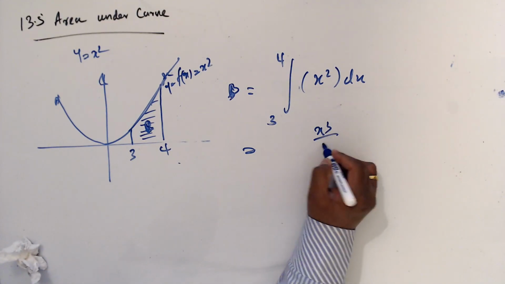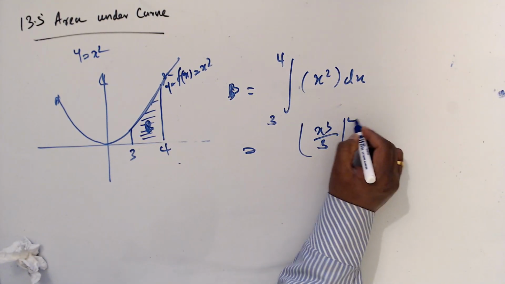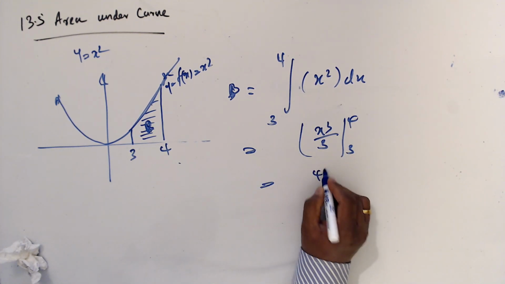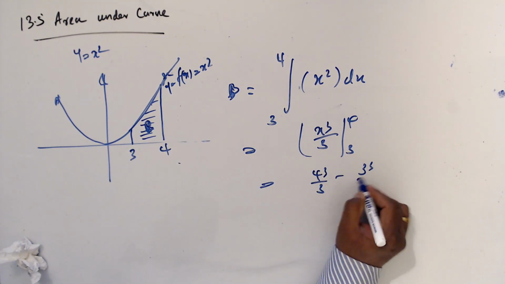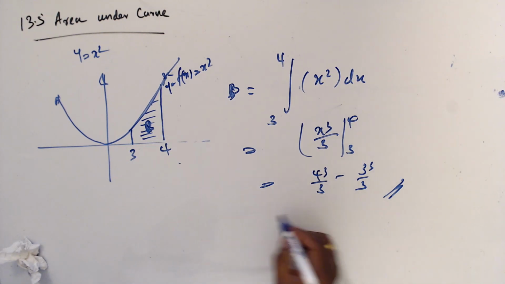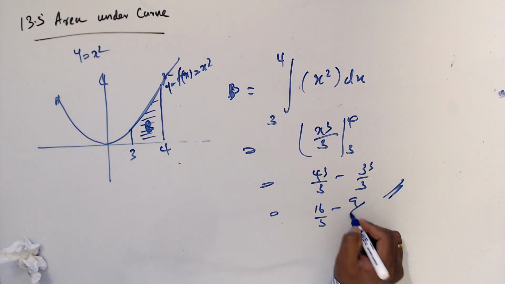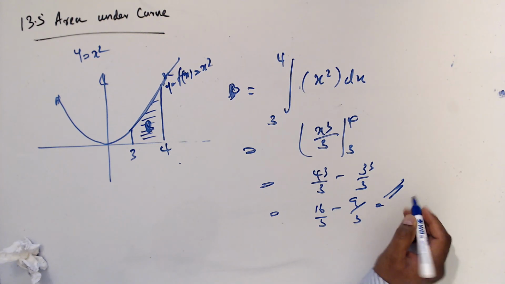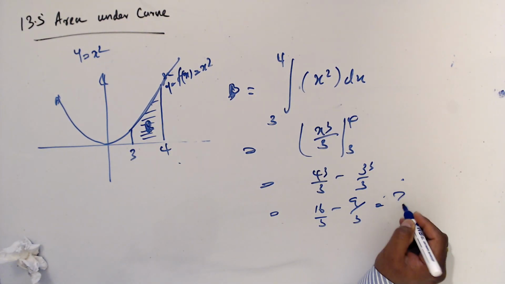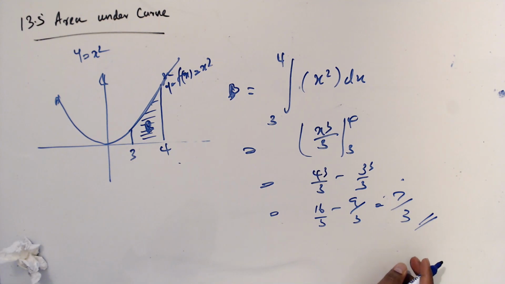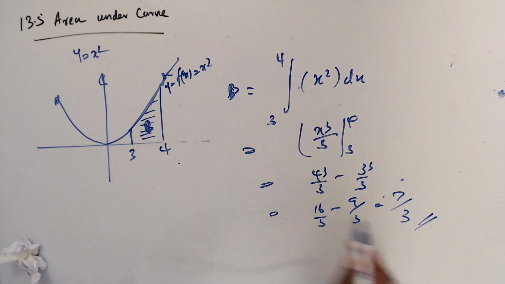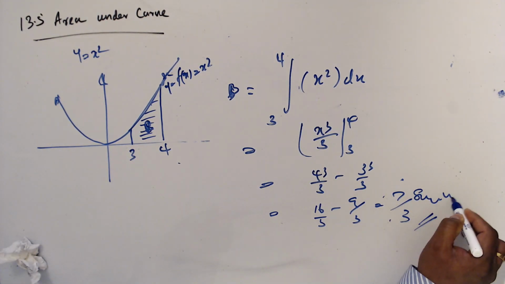So x cube over 3 from 3 to 4. So 4 cube over 3 minus 3 cube over 3. 64 over 3 minus 27 over 3, which is 37 over 3. This is the area. This has to be in square units.